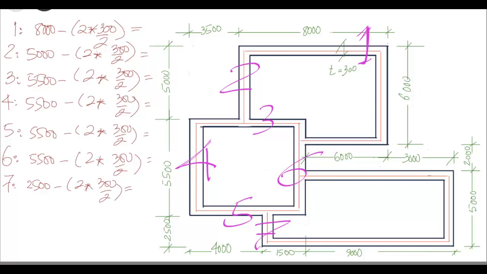Now I'll come to piece number 8, which is from here to here. For that one, again, all you need to do is subtract this part and this part, which are 300 divided by 2 and 300 divided by 2. So the total will be 9,000 plus 1,500.